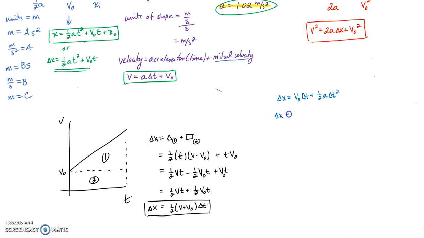Another one for displacement is 1/2 your initial plus final velocity, I reversed those, times time. And then we've got 2 that start off with velocity. So velocity equals your initial velocity plus acceleration times time. And then we've got velocity squared equals our initial velocity squared plus 2a times my displacement.